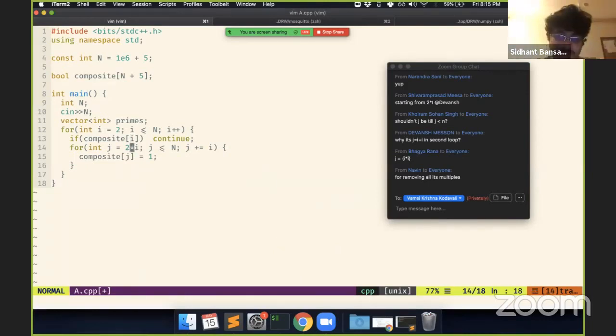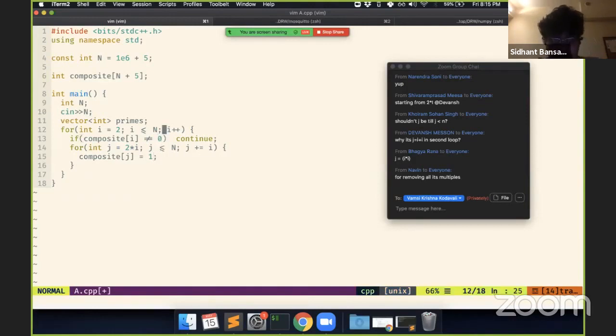Anyways, we wanted to go through how we factorize a number fast. One method here is that instead of having a composite array as a bool array, have it as an int array. If the value is non-zero, then you continue because it's a composite number.